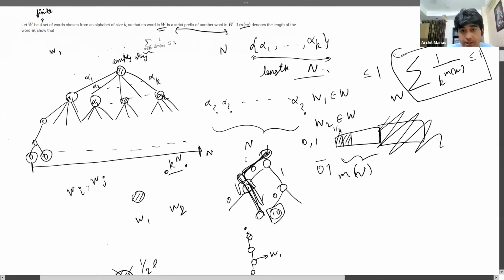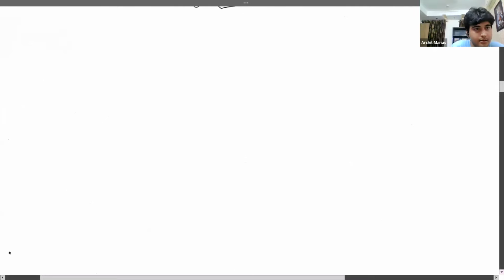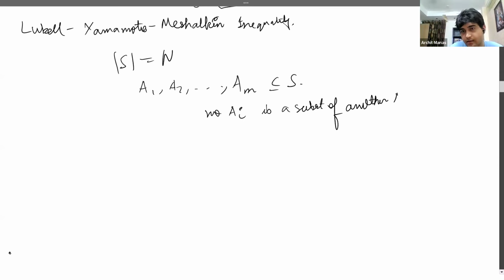Okay. One thing I should mention is that you can actually prove this very interesting result known as the Lubell inequality. Yeah, I hope I'm remembering this correctly. It essentially states that if you have a set S of size n and you pick some subsets A1 till AM from S such that no Ai is a subset of another Aj, right?